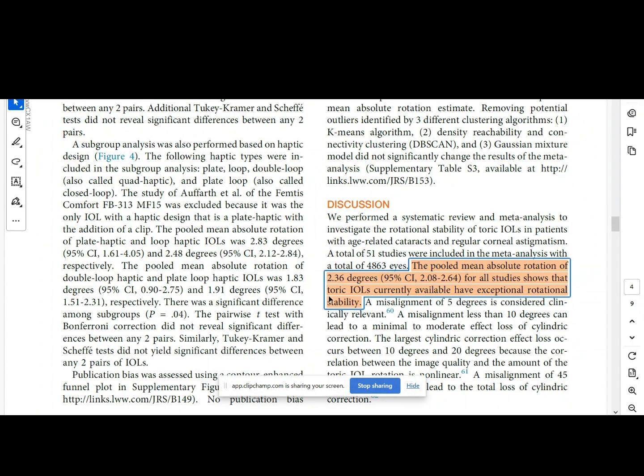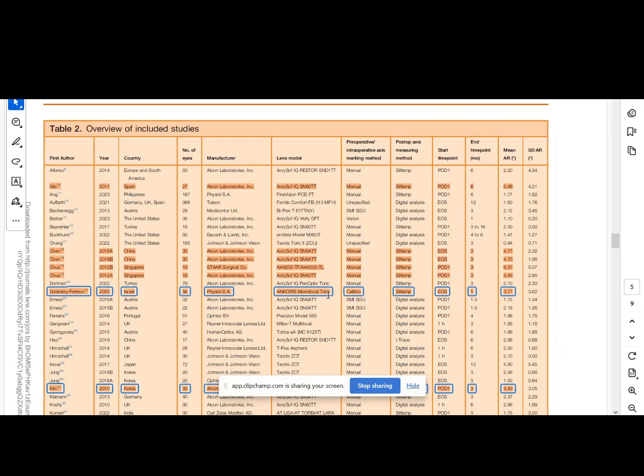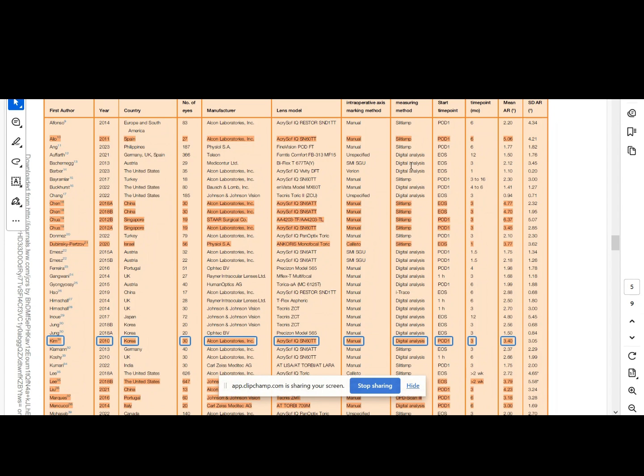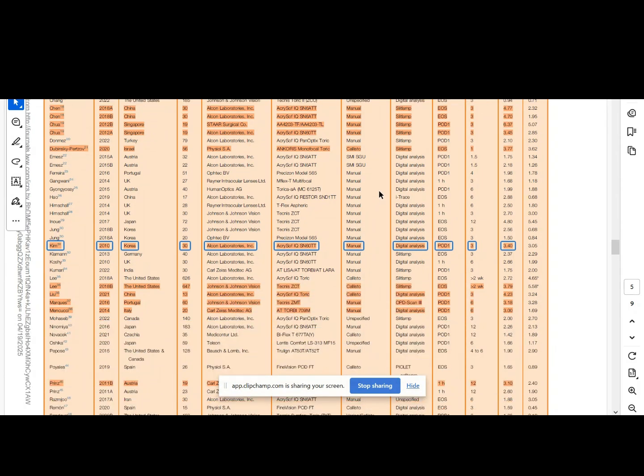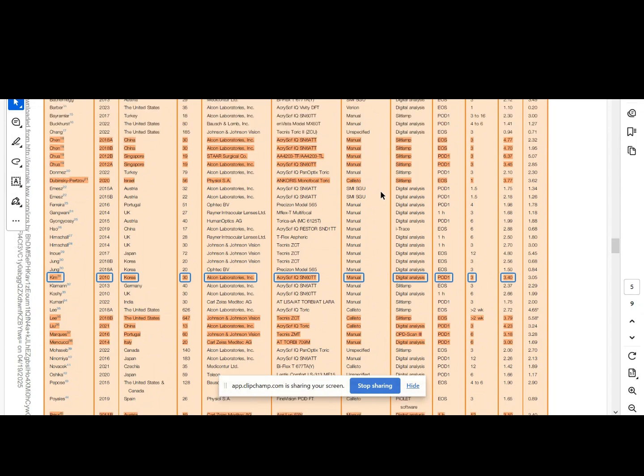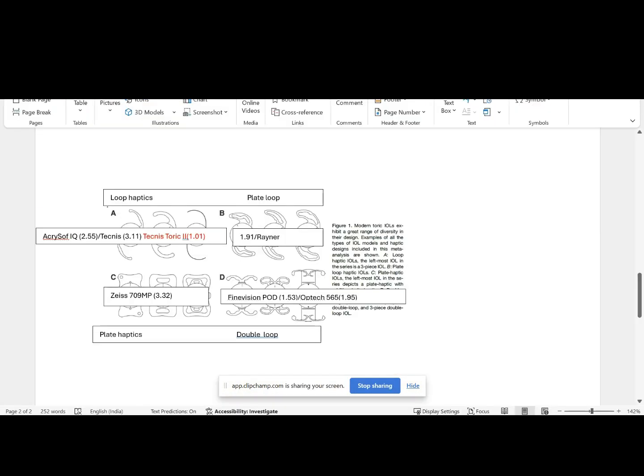And here, in this table, I have highlighted those studies which have reported rotational stability loss of over 2.36 degrees. As I said, 2.36 is the mean absolute rotation of all the 51 studies. Let me go to the summary of this over here.